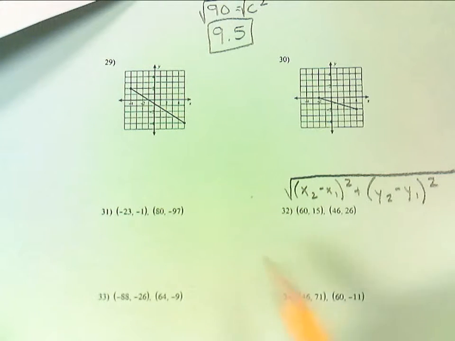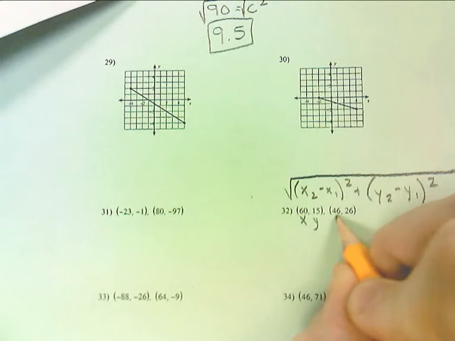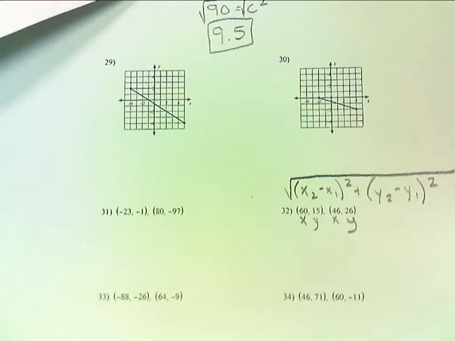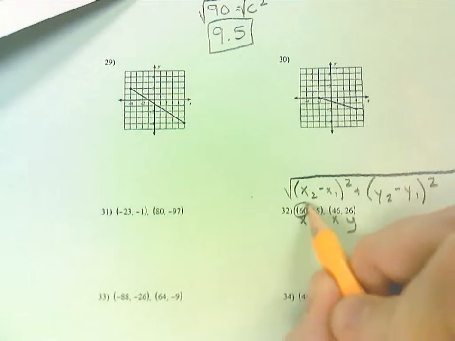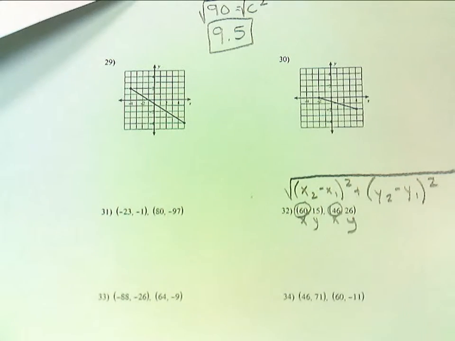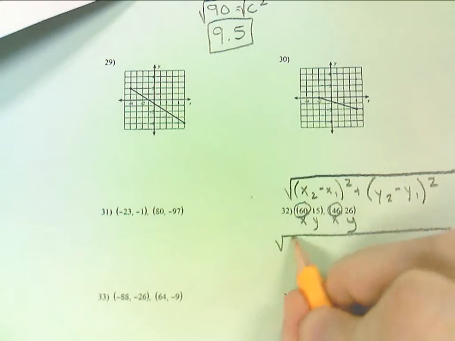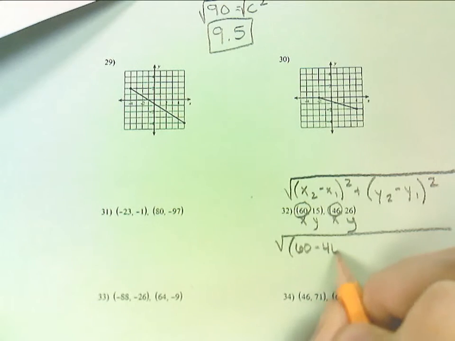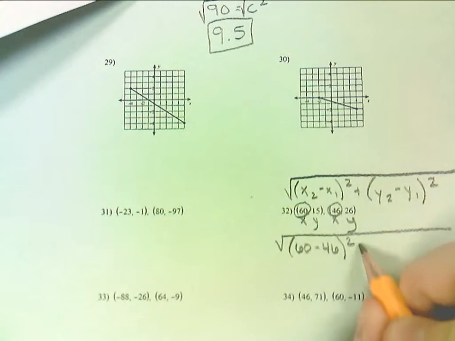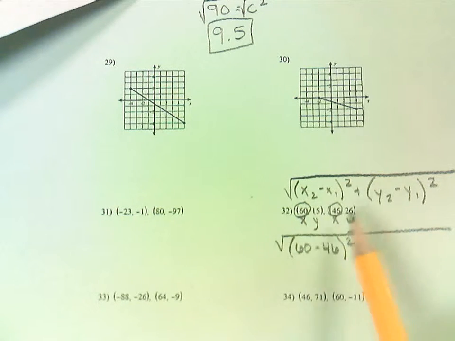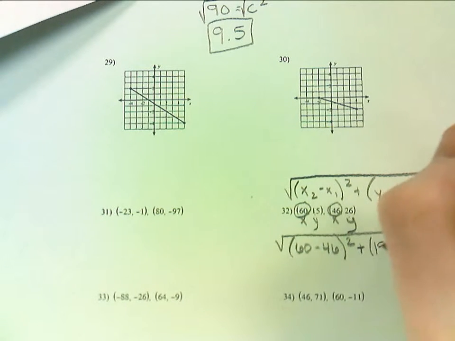So we want to take our x's and subtract them. Remember, the x's always come first in your coordinate pairs, just like in the alphabet. So we have 60 is our first x and 46 is our second x. So we're going to do 60 minus 46 squared plus, now we want to look at our y's. Our y's are 15 and 26. So 15 minus 26 squared.